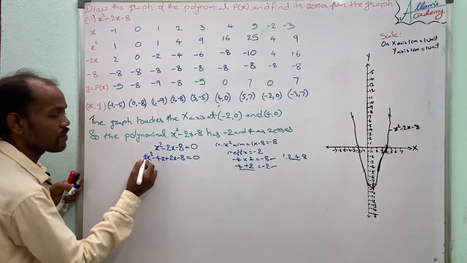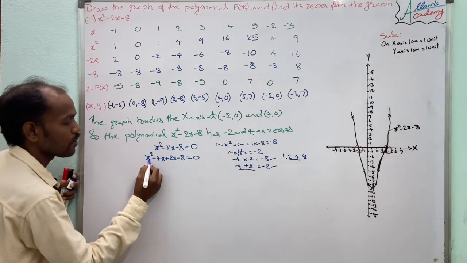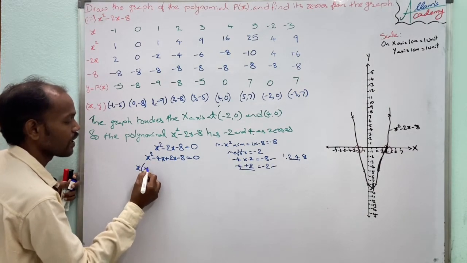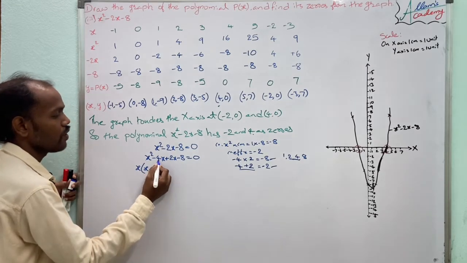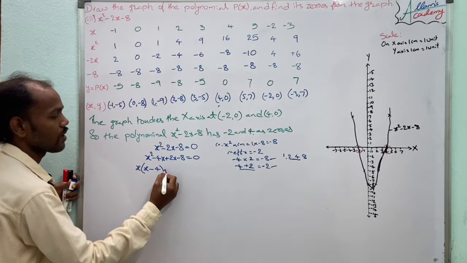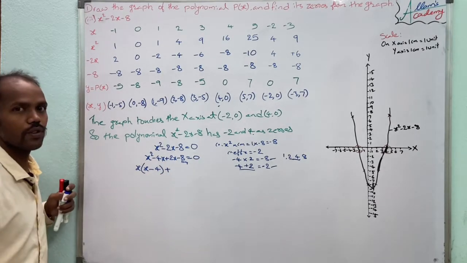Now here x square can be written as x into x. In this, x is common, so taking x common, x minus 4 remains. Plus, here 8 can be split as 2 into 4.